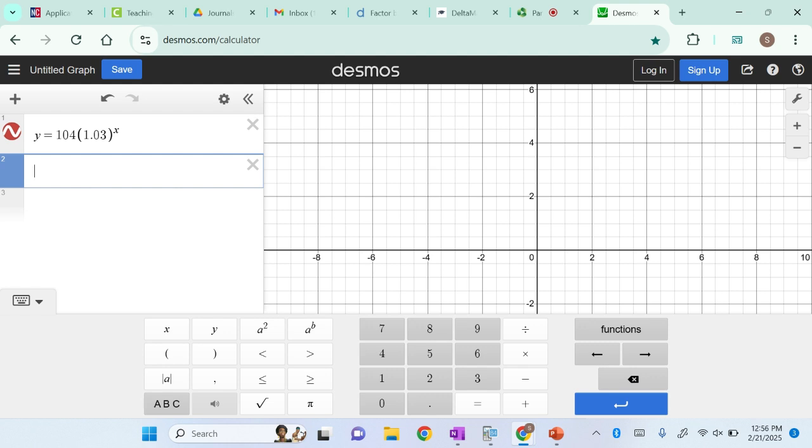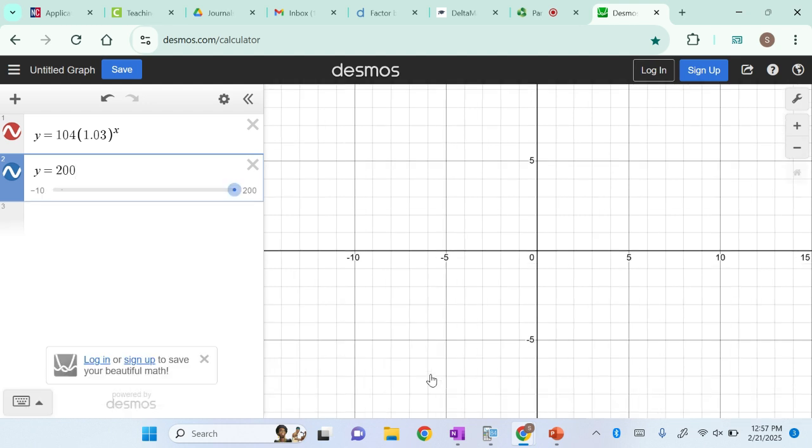We already said 200 is B of t. Is B of t in the place of y or is it in the place of x? When we typically write an equation, is it typically y equals or x equals? It's y equals, right? So y is equal to 200 because our population is our output, which is 200.